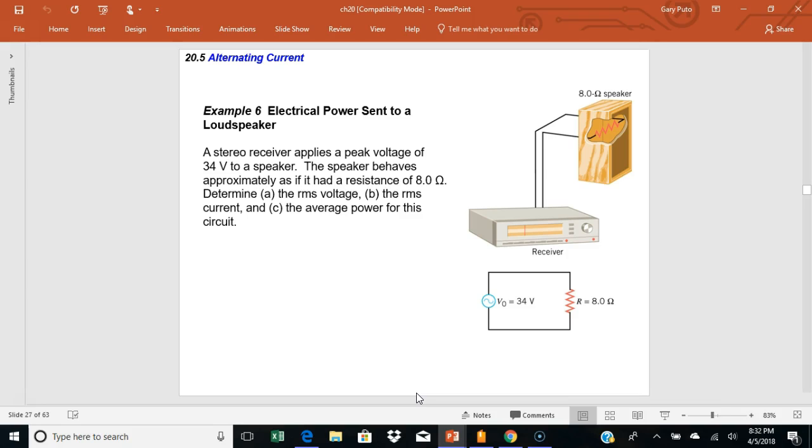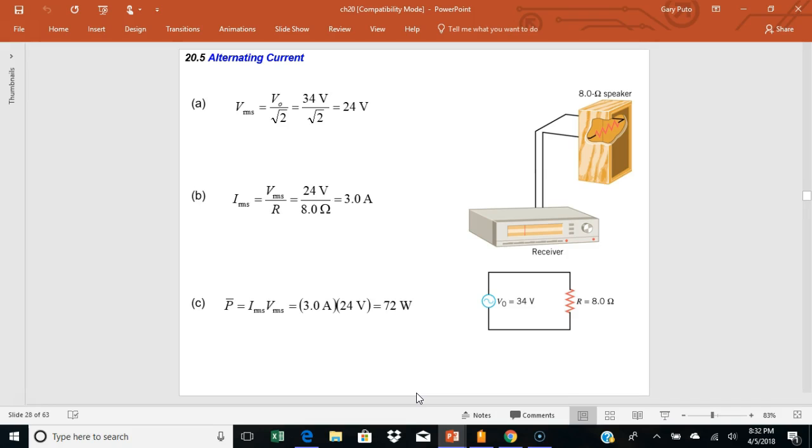The speaker behaves approximately as if it had a resistance of 8 ohms. Determine the average voltage, the average current, and the average power for this circuit. Note the electric circuit diagram has the symbol for alternating current. Max voltage in the alternating current is 34 volts. Resistance is 8 ohms.